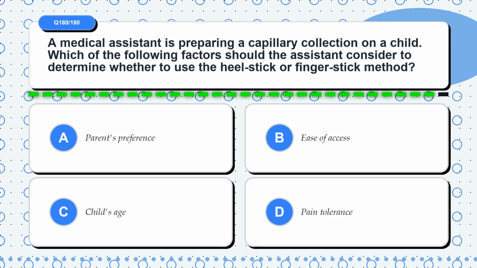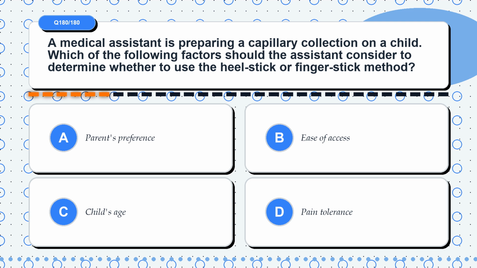Question 180. A medical assistant is preparing a capillary collection on a child. Which of the following factors should the assistant consider to determine whether to use the heel stick or finger stick method? Here are the options. Option A, parents' preference. Option B, ease of access.